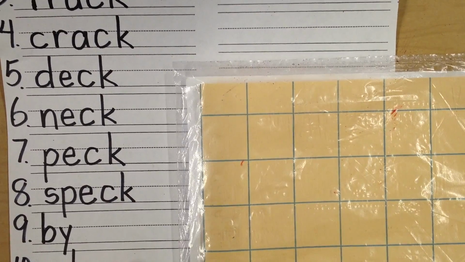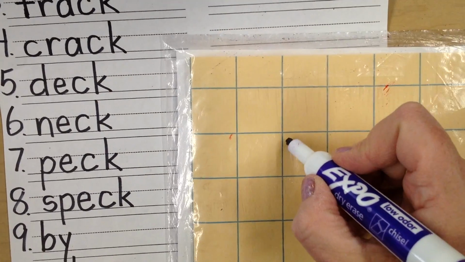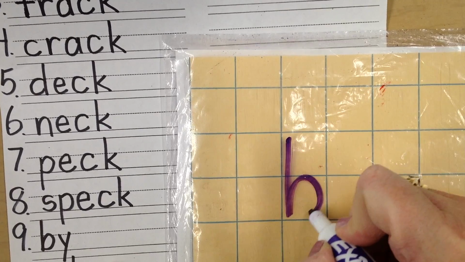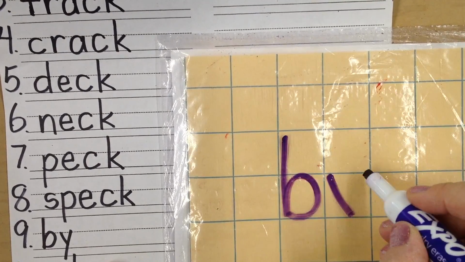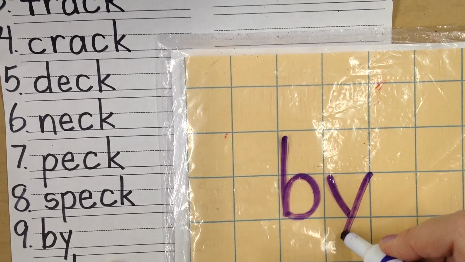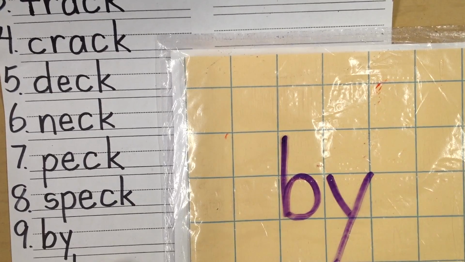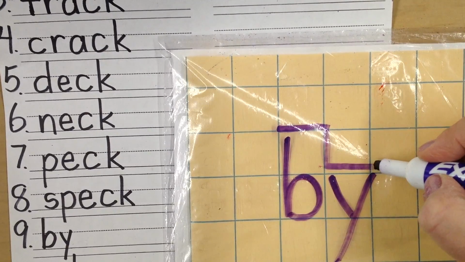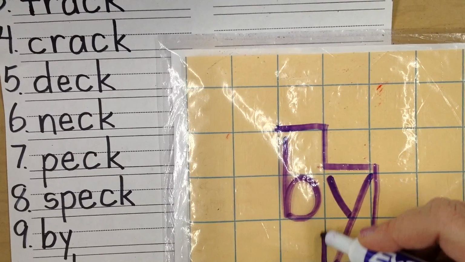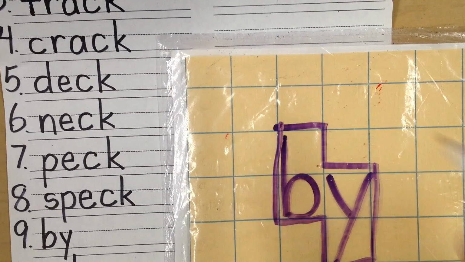So let's do the word by. So a B is tall, and the Y, part of it is short, and this part that comes down has a tail. It goes down low. So this word has a tall part and a tail part when you box it.